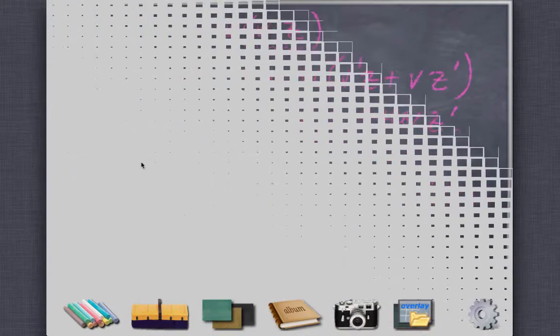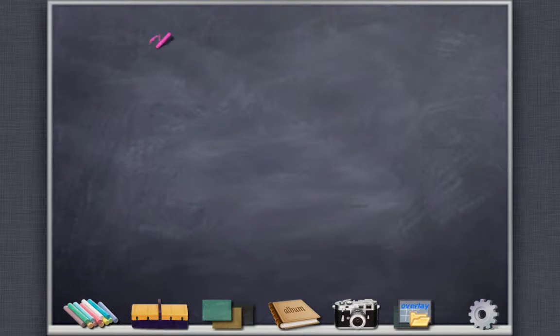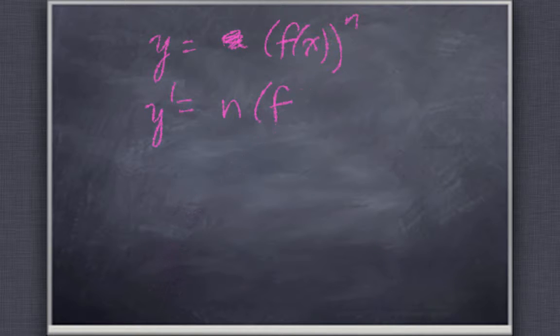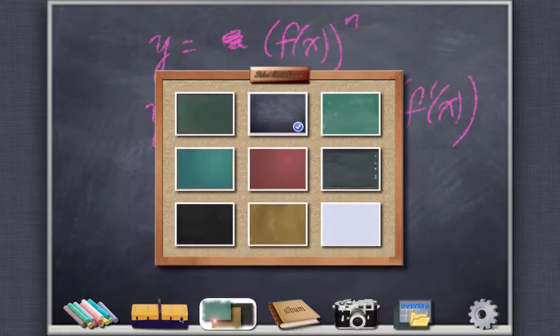So the rule is, if y is another function, let me say f of x, to a power n, then y prime is bring the power down, f of x to the n minus 1 times the derivative of f. It's that 1 in the product that's getting its derivative taken every time.